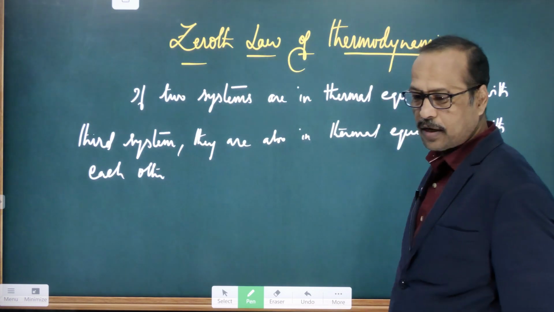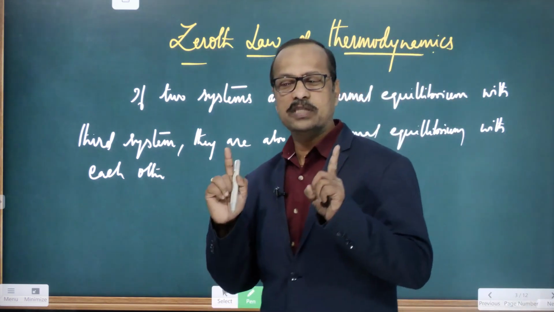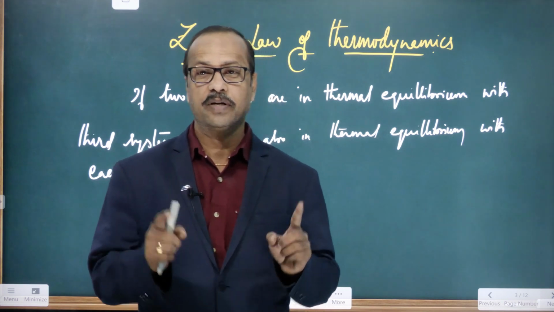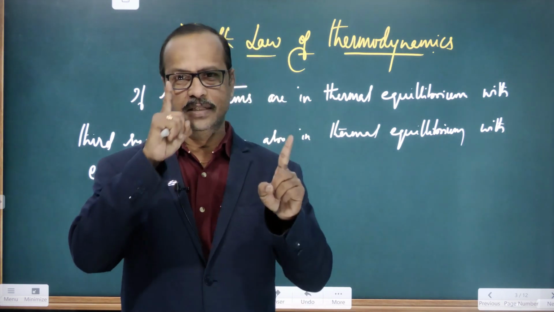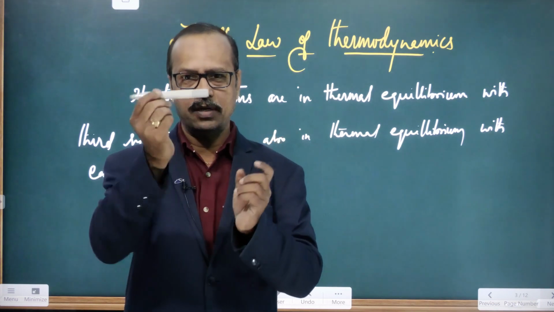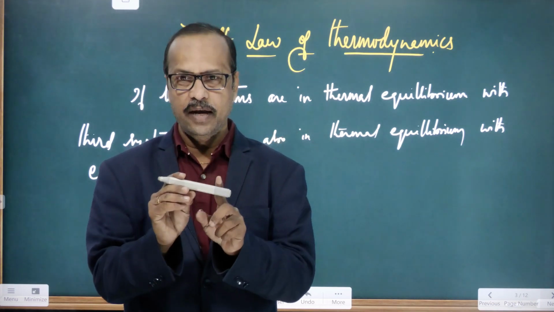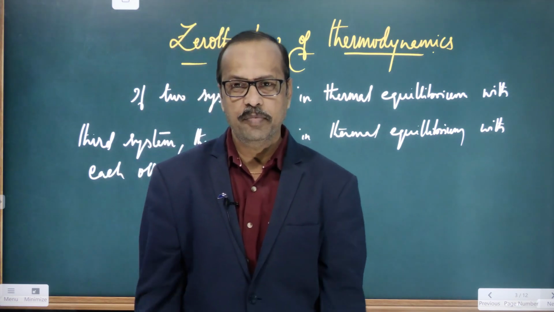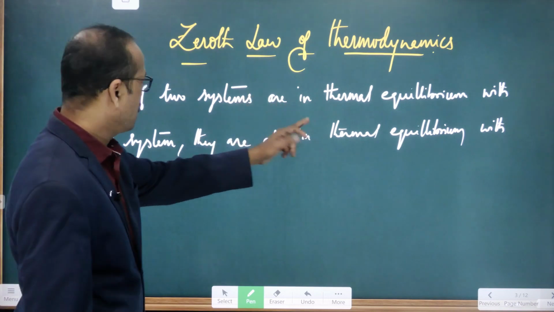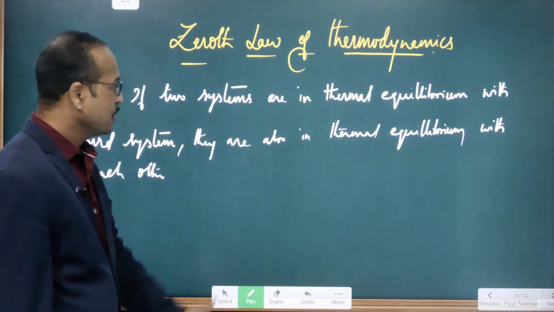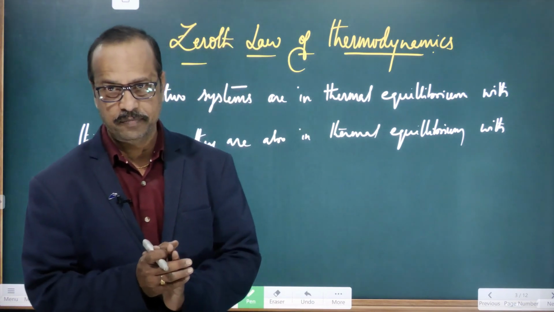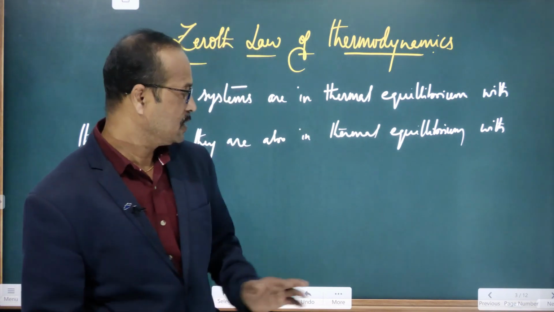The zeroth law of thermodynamics says: if two systems are in thermal equilibrium with a third system, for example this is system A, this is B, and these two are in thermal equilibrium with the third system, then we can say that A and B are in thermal equilibrium, right? If two systems are in thermal equilibrium with a third system, they are also in thermal equilibrium with each other. This is the thermodynamic zeroth law.